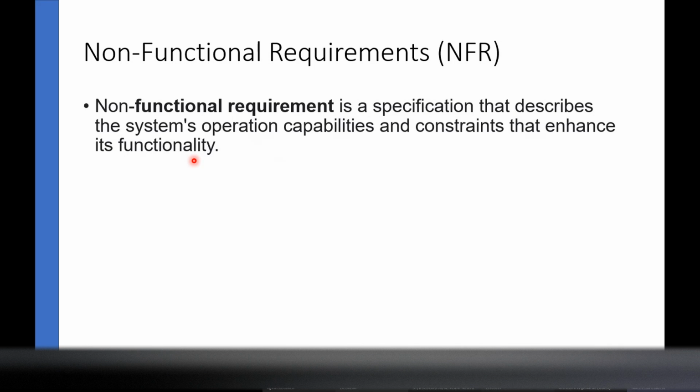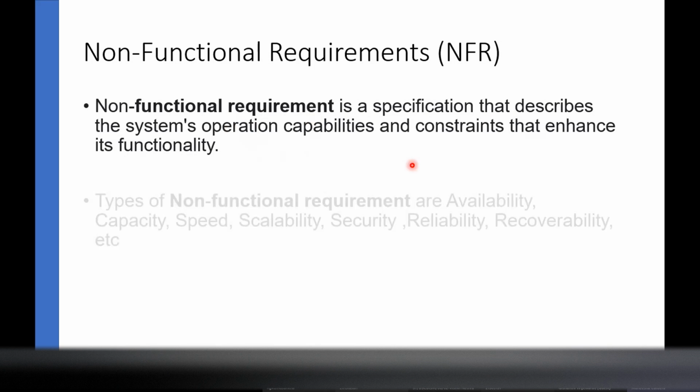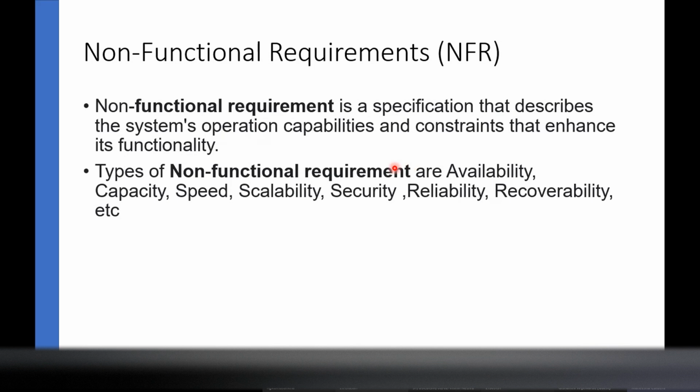Non-functional requirements mainly focus on the operational capabilities and the constraints. We will see what these things are. Now, what are the types of non-functional requirements? They are availability, capacity, speed, scalability, security, reliability, recoverability, etc.